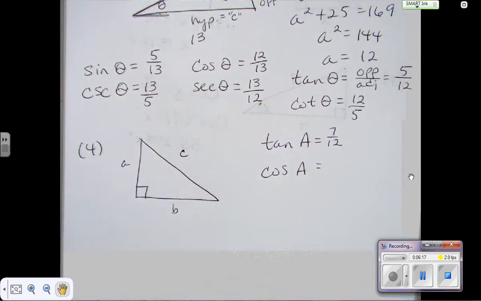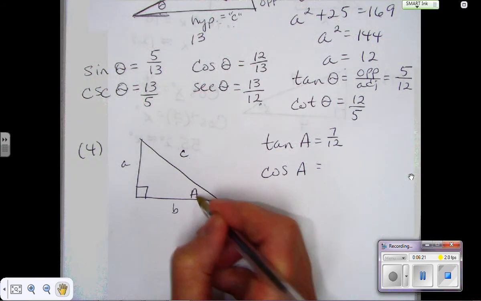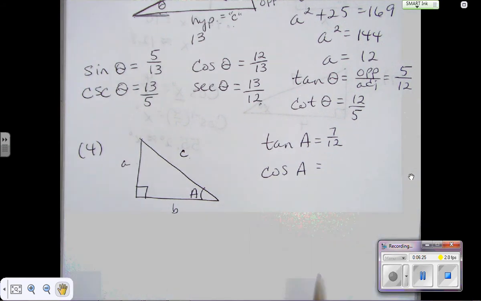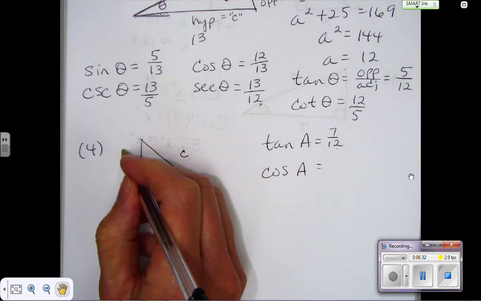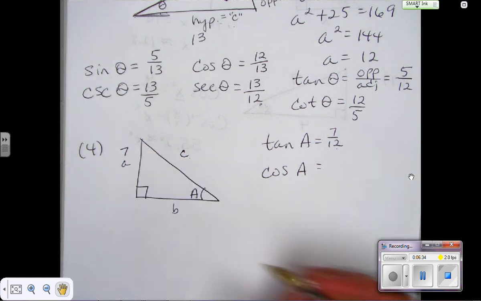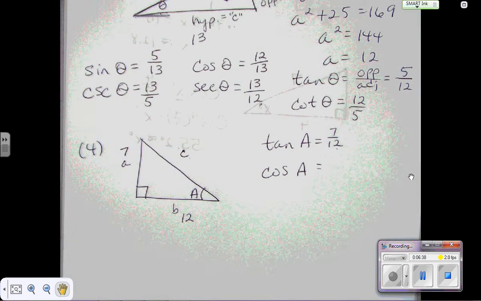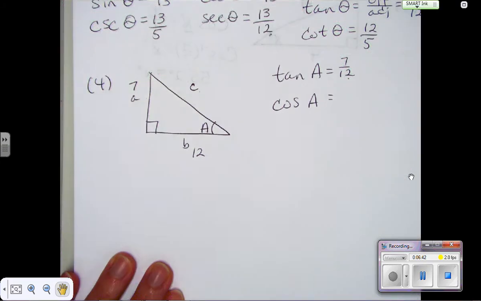So traditionally they have the angle across from your side. So I'm going to make this angle A right here. And if the tangent is 7 over 12, I know that the ratio for that is the opposite side over the adjacent side. So that means that A is 7 and B is 12. The tangent ratio is opposite over adjacent.